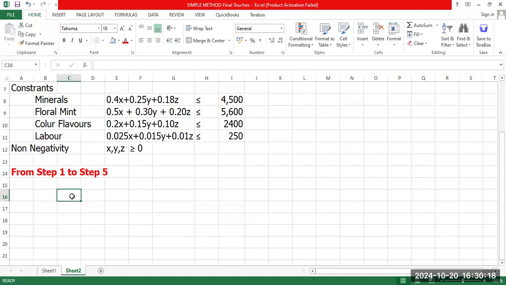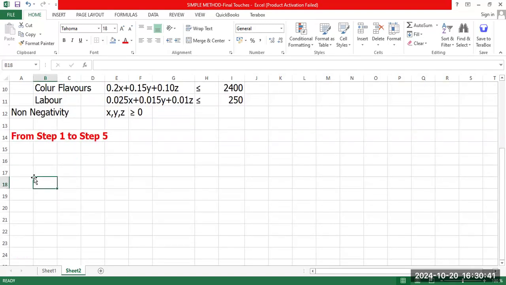Then step 5 is to form another simplex tableau. Then you see whether it is a final tableau or not by looking at the values you have on the last row. If it is not the final tableau, then you repeat the procedures using the same steps.